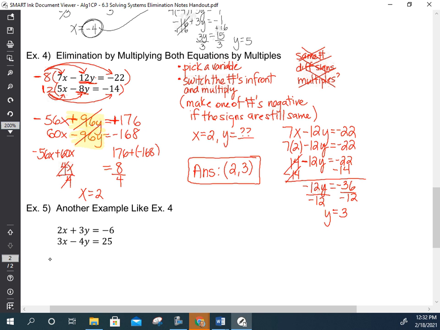If you had picked x, then you would have multiplied the top equation by 5 and the bottom equation by 7. But it doesn't matter which letter you pick.